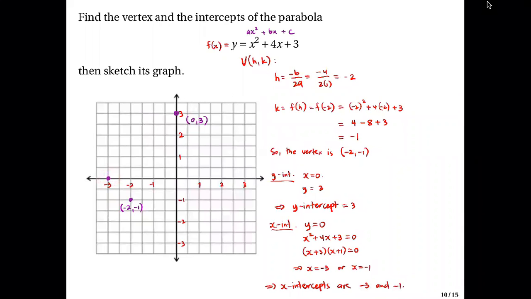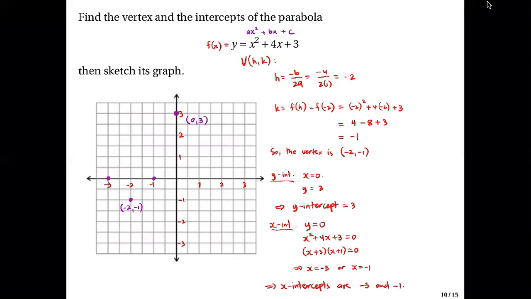And for the intercept negative 1, we have the point negative 1, 0, which is in here. So now we can sketch the graph. That's all we need. It says find the vertex and then the intercepts, and we found them. And then we sketch the graph.